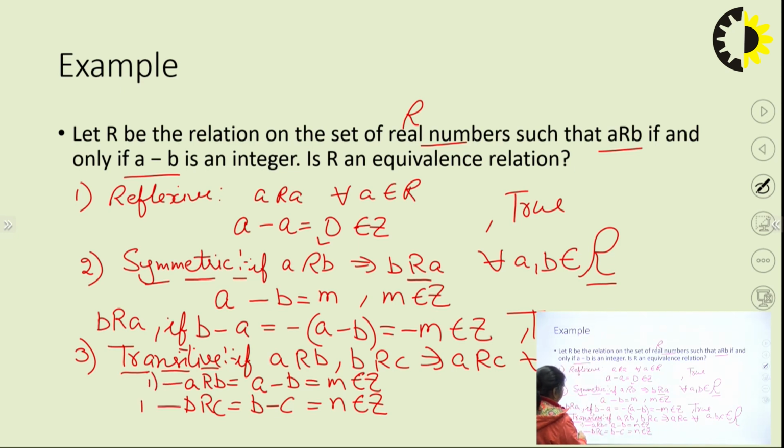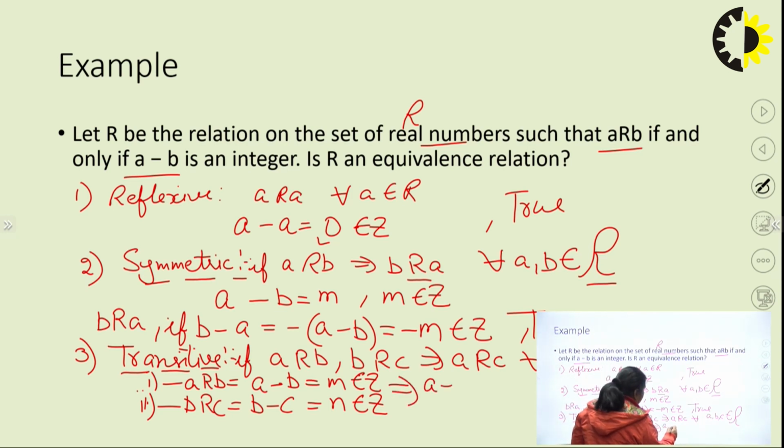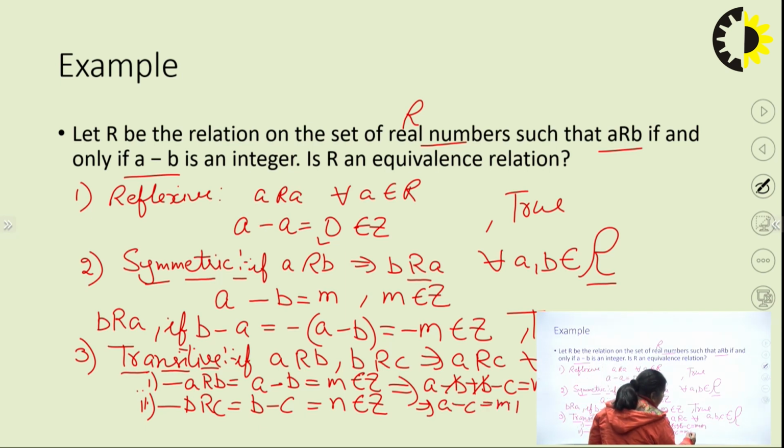From the first one I am getting A minus B is equal to M. From the second I am getting B minus C is equal to N. When I add up the left hand sides and the right hand sides, I get A minus B plus B minus C is equal to M plus N. B got cancelled, so finally A minus C is equal to M plus N.